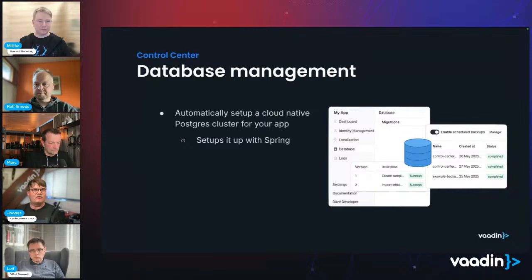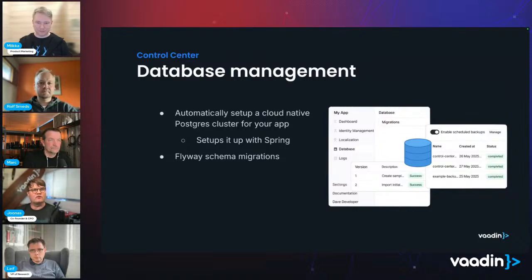And the cool trick that we do is that when you push your application to production, Control Center can enable the production database on the fly. It just injects that with Spring and switches over to production. Furthermore, we have Flyway support in there, so it can support automated migrations of your schema.